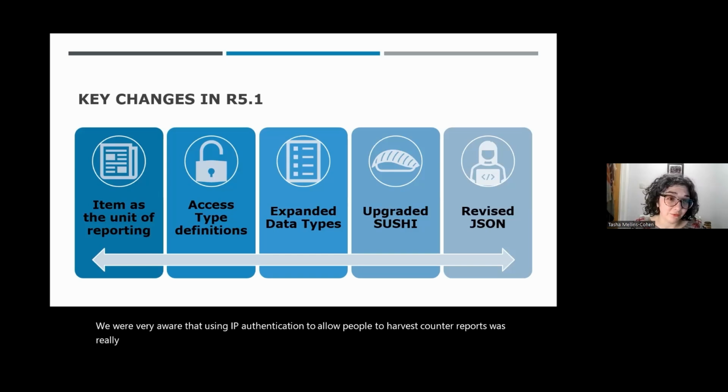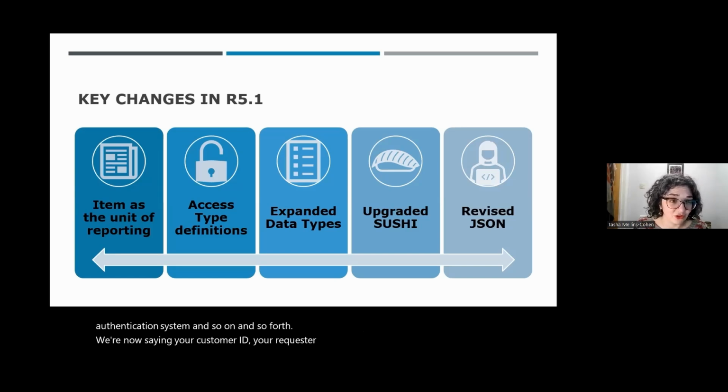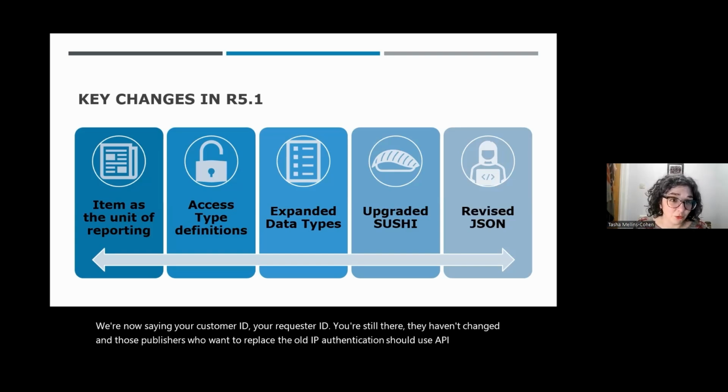And we had lots of libraries complaining that things were falling over frequently because their IP ranges were changing and that information hadn't made it through to the authentication system and so on and so forth. We're now saying your customer ID, your requester ID are still there, they haven't changed. And those publishers who want to replace the old IP authentication should use API key, which is much more robust.